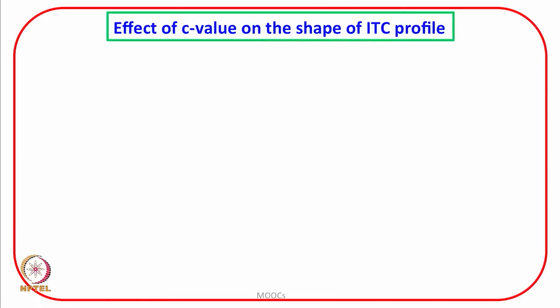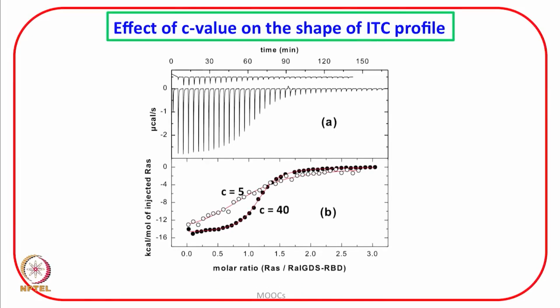The effect of C value on shape of ITC profile can also be seen in this figure. The upper panel shows the main isothermal titration calorimetric profile, and these are the dilution effects. And you see, if the value of C is increased from 5 to 40, the shape of the isothermal titration calorimetric profile also improves.